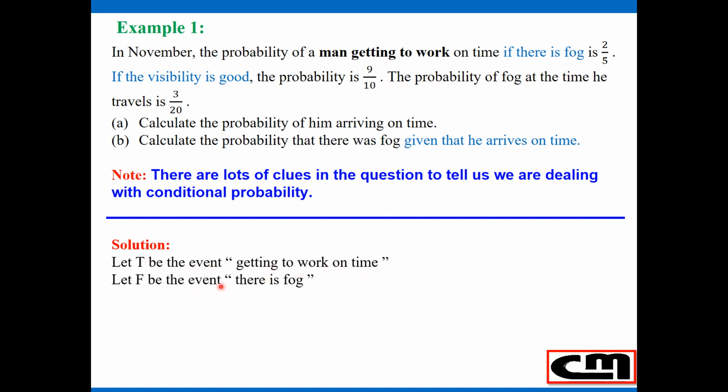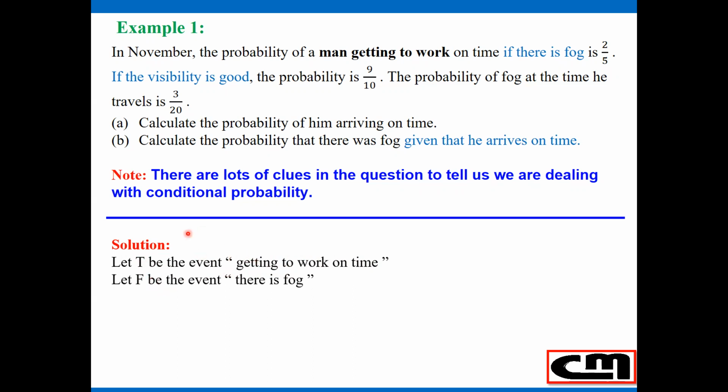Let F be the event there is fog. So that if we want the opposite of there is fog, which is there's no fog, we simply play around with the F. If we want to also represent a situation where the person didn't get to work on time, we play with the T, as you shall see.